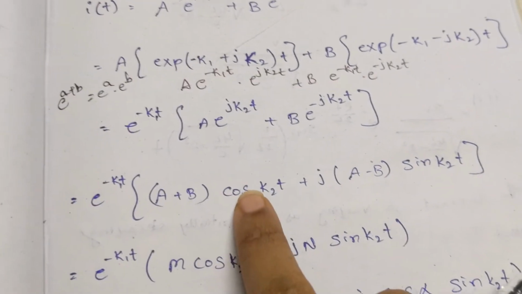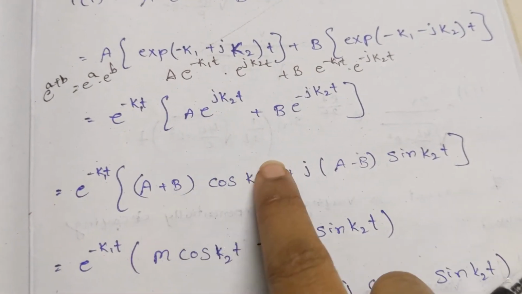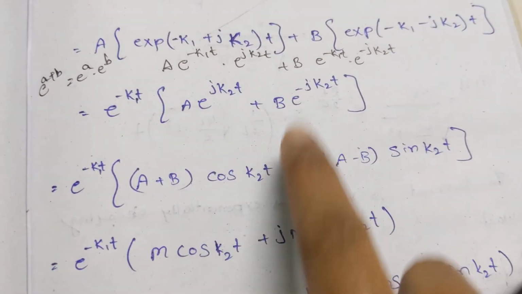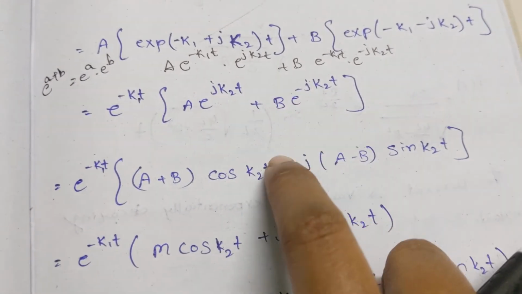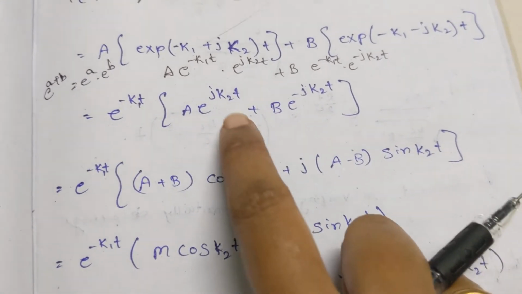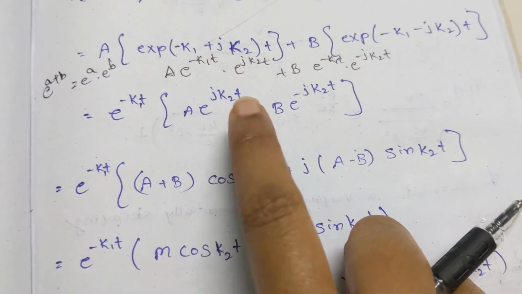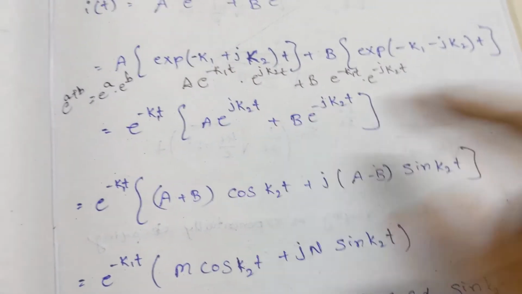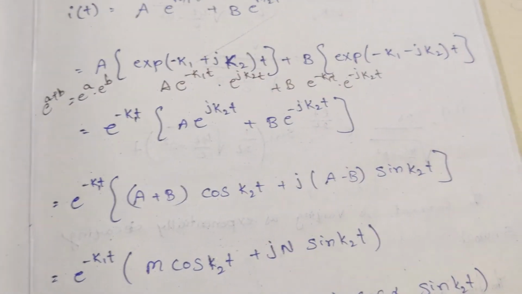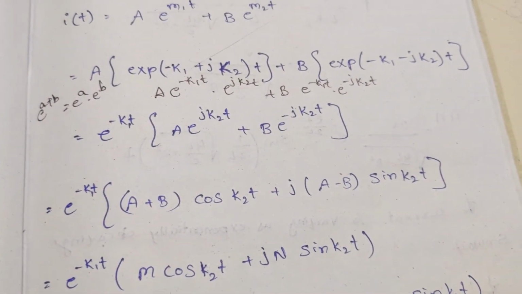If you observe this term, it will be in the form of e power j theta plus e power minus j theta. So we can write these exponential terms in cos and sin thetas.